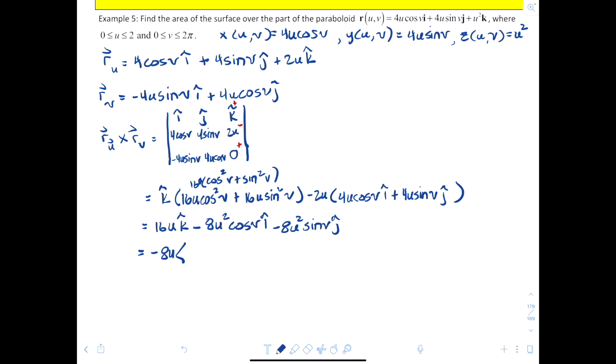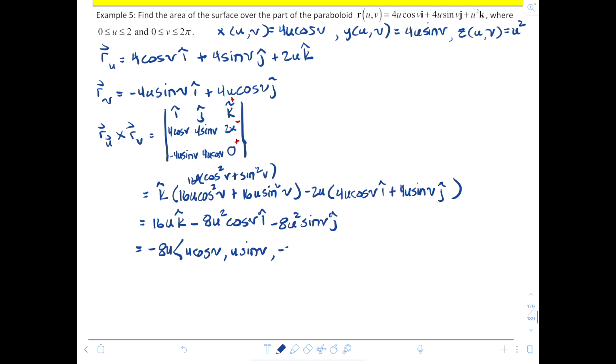And then the first component will be u cosine v, and then u sine v, and then we'll have negative 2. Cool so far?